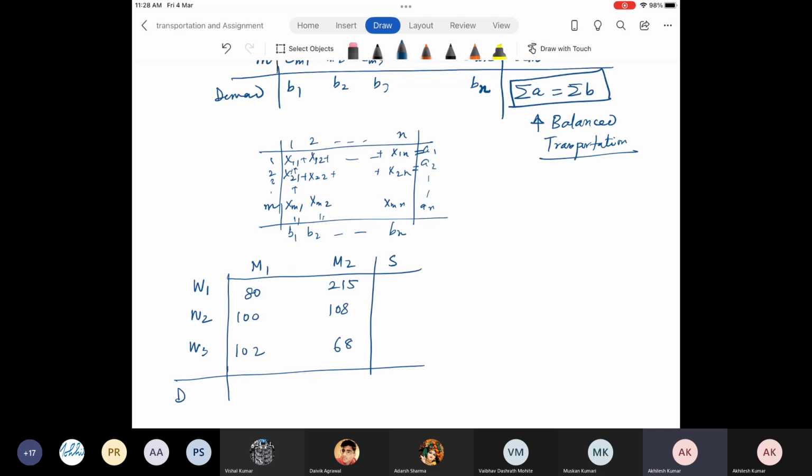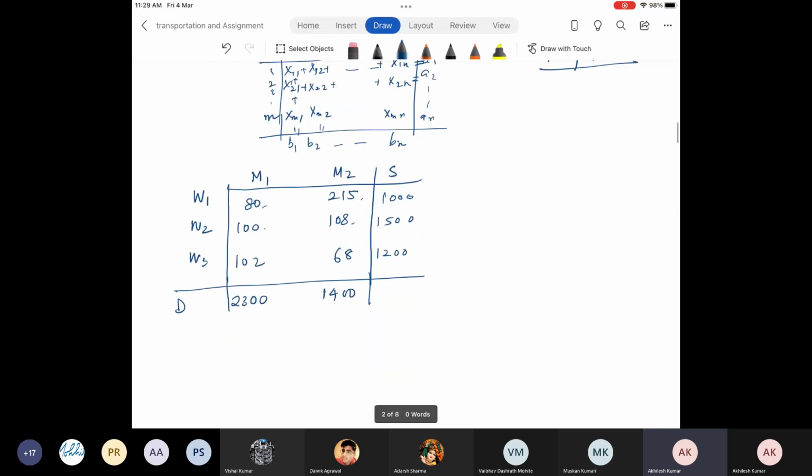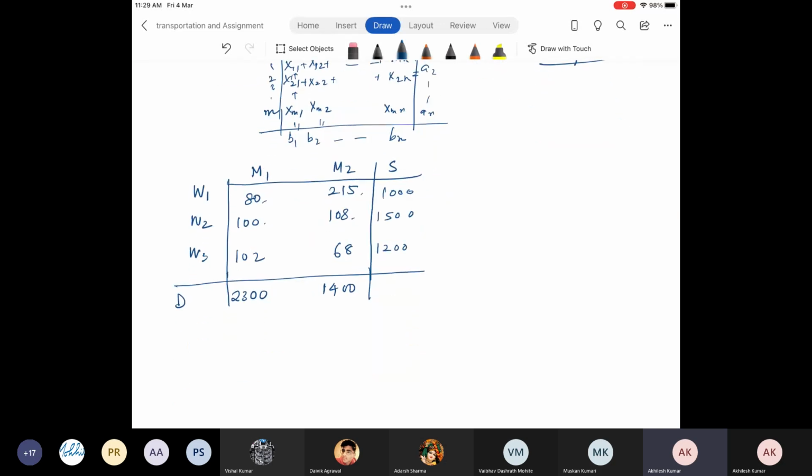These are the costs. Whenever a table like this is given to you, these are the costs of transporting 1 unit of product. Supply is 1000, 1500, 1200, and demand is in market 1, 2300, in market 2, 1400. First check whether it is a balanced transportation problem or not.